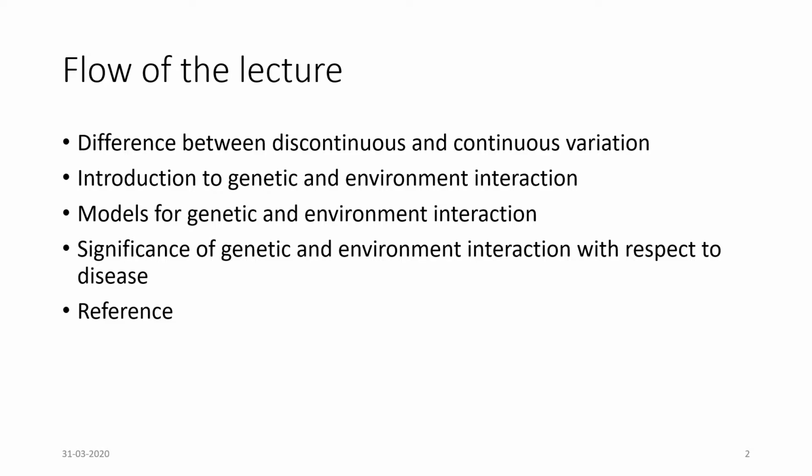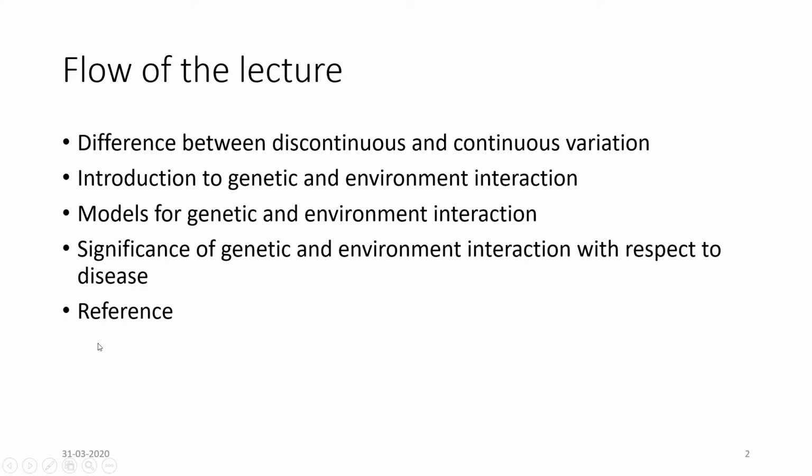Then we'll have an introduction to genetic and environment interaction, the different models used in genetic and environment interaction, and the significance of this interaction with respect to disease, followed by the references which I have used for making this PPT.